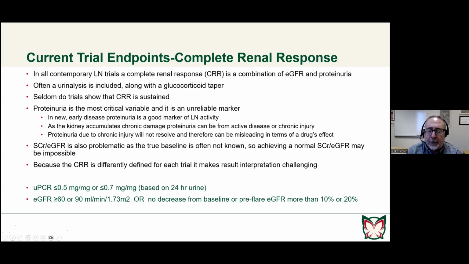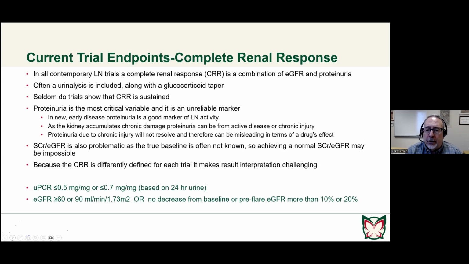Serum creatinine, or GFR, is also a problematic variable, because what we're mostly looking at in complete renal response is a return to normal GFR, but we really don't know what the patient's true baseline is. Many of these patients are young and healthy before they got lupus, and they had no particular reason or interactions with the healthcare system to have had a GFR measured.